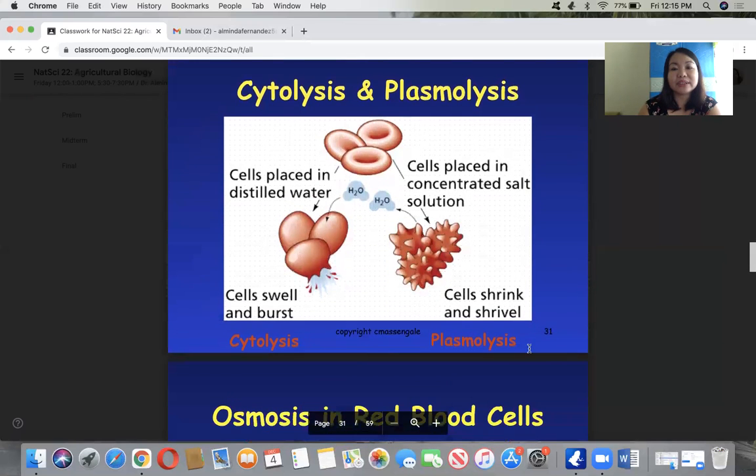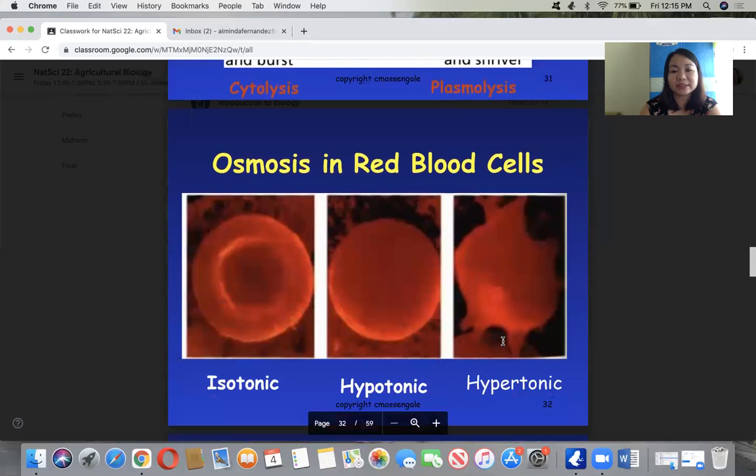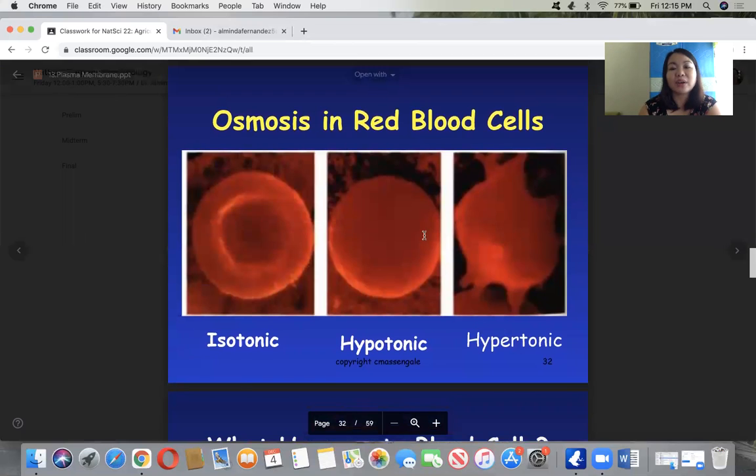The cytolysis and plasmolysis are explained further here, where a cell placed in distilled water swells and bursts, resulting in cytolysis. While cells placed in a concentrated salt solution will shrink and shrivel, resulting in plasmolysis.